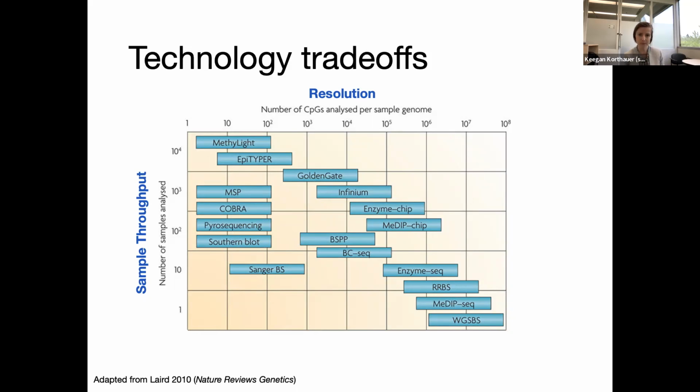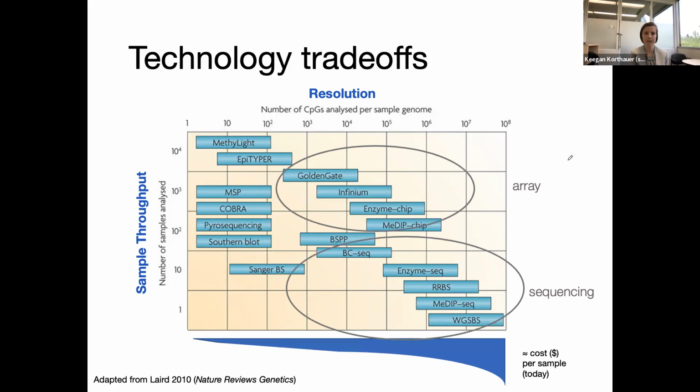And the number of samples that we can analyze per experiment, which I'm going to call sample throughput, increases from bottom to top. So arrays, which are in this area up here, and these are names of particular hybridization array assays, tend to allow higher sample throughput. You see they're further up on the y-axis due to their lower cost per sample.